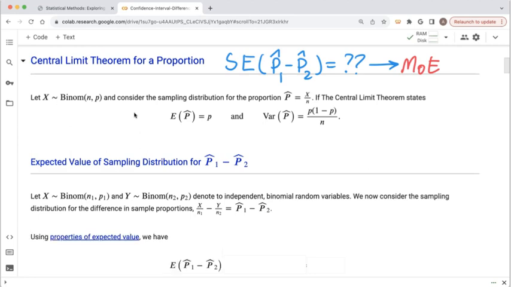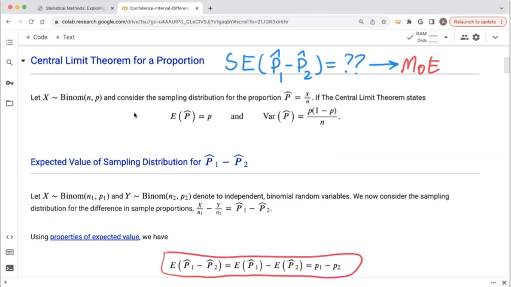For the expected value of this difference, we can use properties of expected value, which say we can break up addition and subtraction and pull out constants. So the expected value of p hat 1 minus p hat 2 is equal to the expected value of p hat 1 minus the expected value of p hat 2. From the central limit theorem for a single proportion, each of those expected values equals their respective population proportion. So the expected value for the difference in the sample proportions is the difference in the population proportions, p1 minus p2.